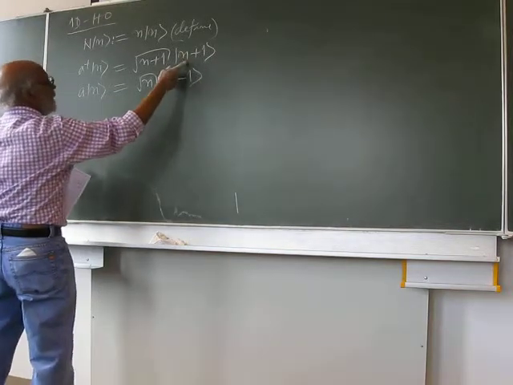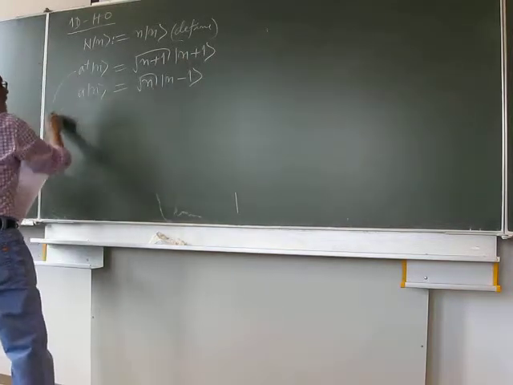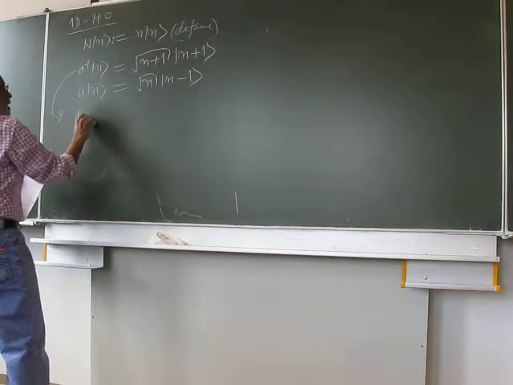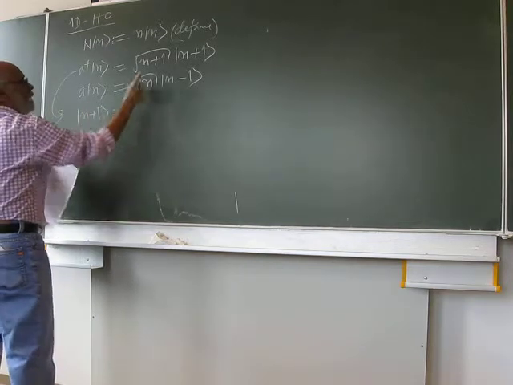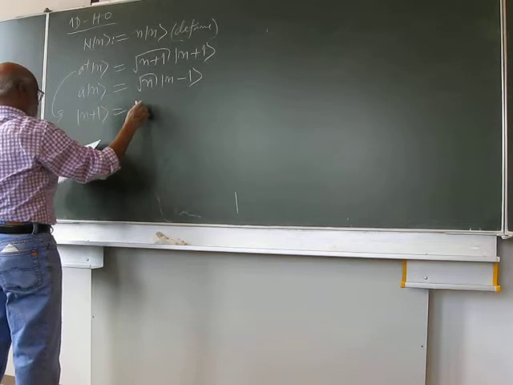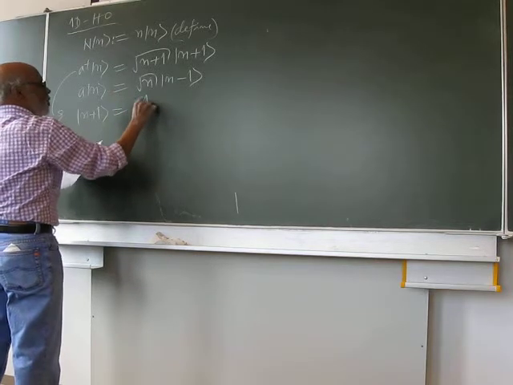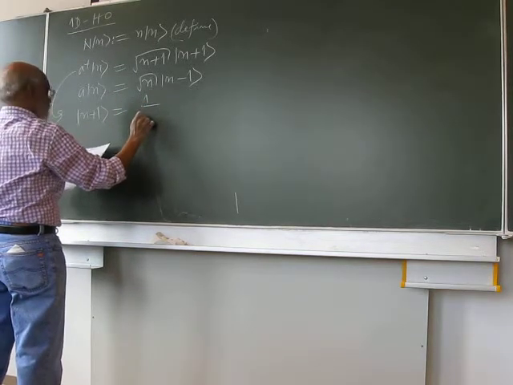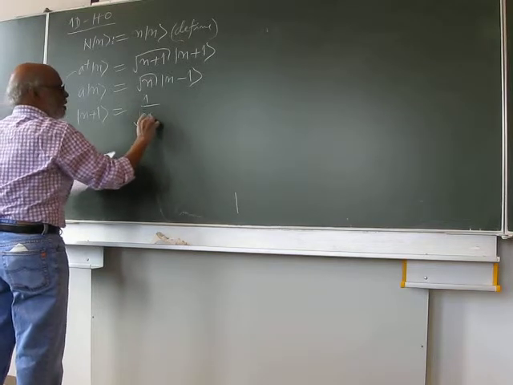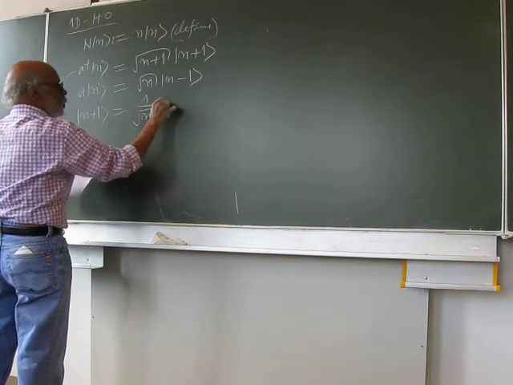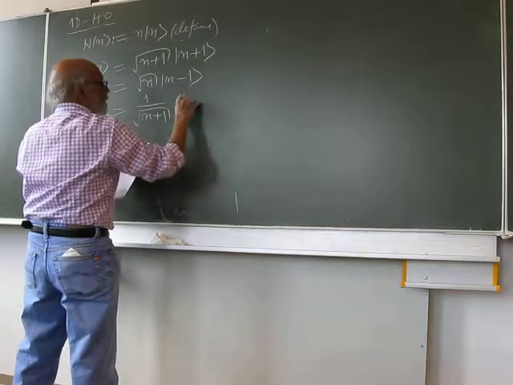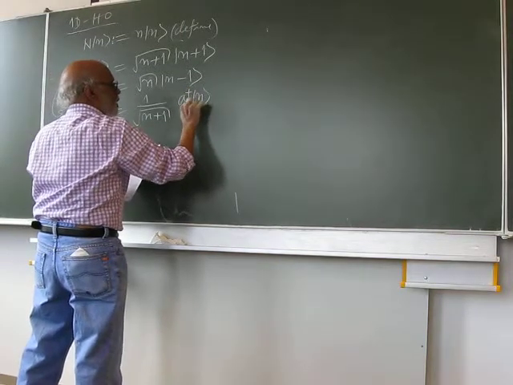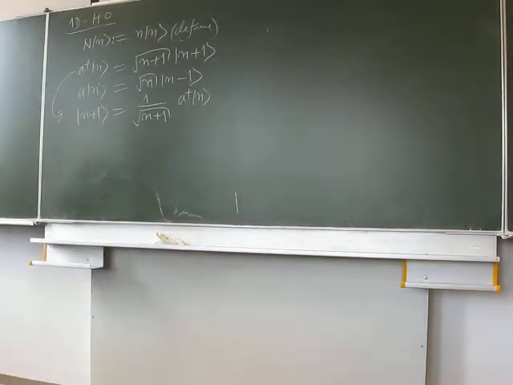So I can invert this and write |n+1> as 1 divided by the square root of n+1 times A dagger |n>.